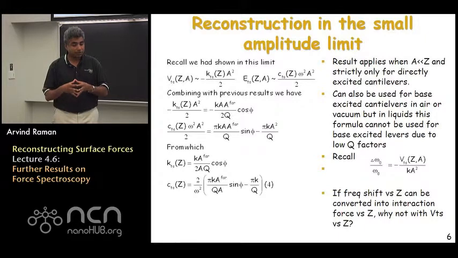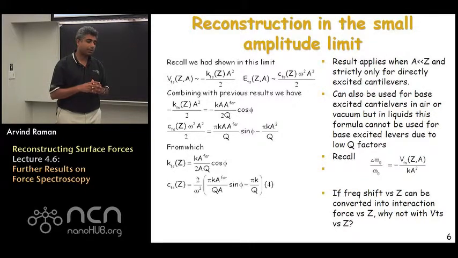It can, of course, also be used in vacuum or ambient settings, because in those settings the base motion is very small compared to tip motion. So at the end of the day, these relationships would also be valid for base excited AFM, so long as the base motion is very small and you're in ambient conditions or in vacuum.